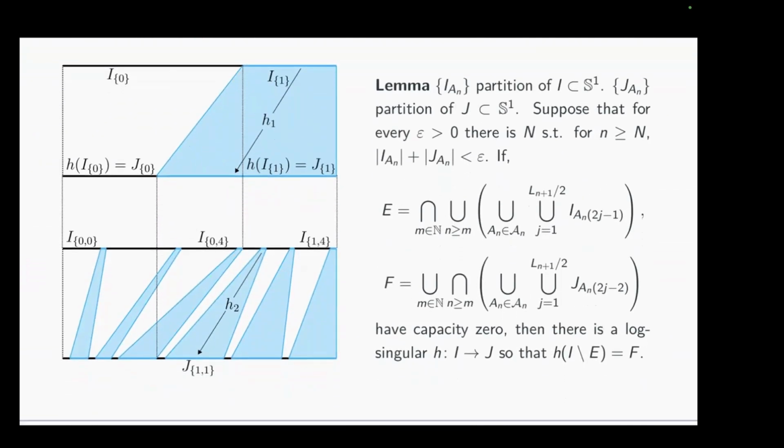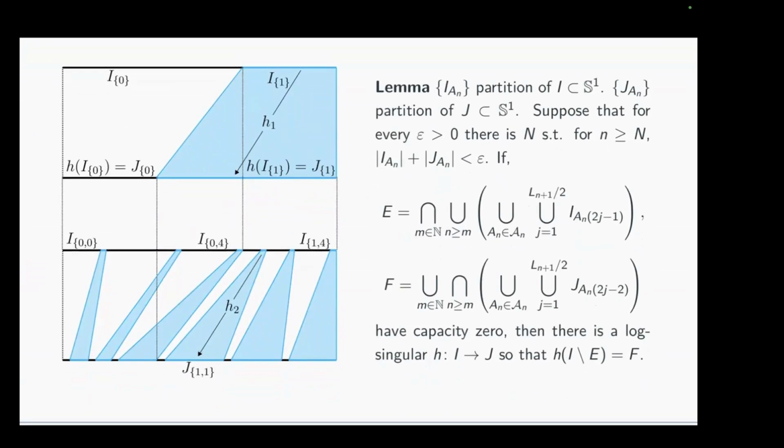So you have two partitions, and you want to match them up. And there is something that I didn't say, but it was in the lemma, which is that at step n, which would be when we consider words of length n, all the words that appear have exactly the same length.